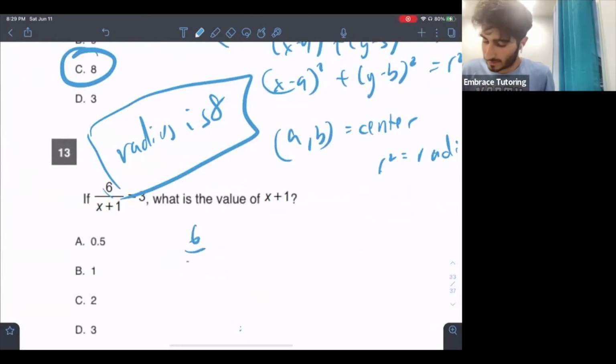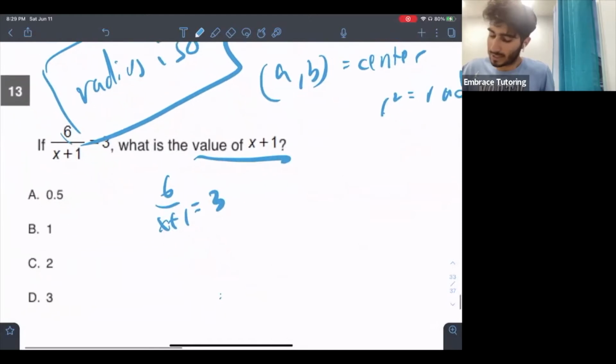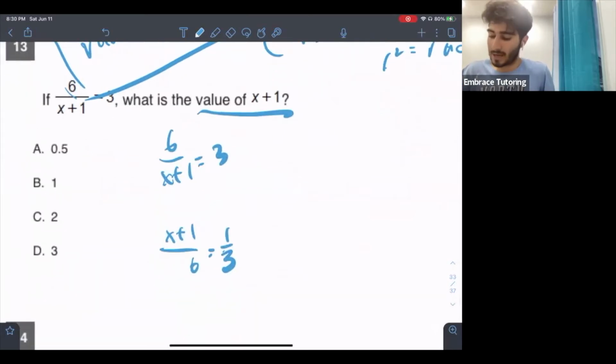If 6 over x plus 1 is equal to 3, what is the value of x plus 1? One trick I use very often is switching everything around. If they give you 6 over x plus 1 is equal to 3, and they're asking for x plus 1, you could switch everything around and get the reciprocal. So you get x plus 1 over 6 is equal to the reciprocal of 3, which is 1/3. Now you can cross multiply, and you get 3 times x plus 1 is equal to 6.